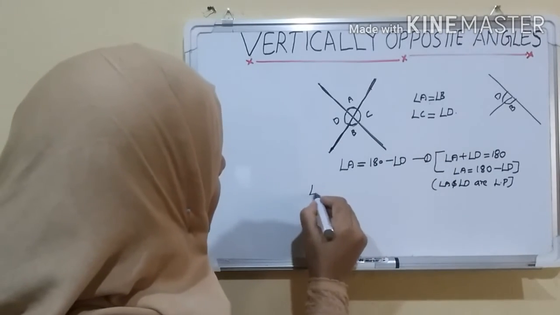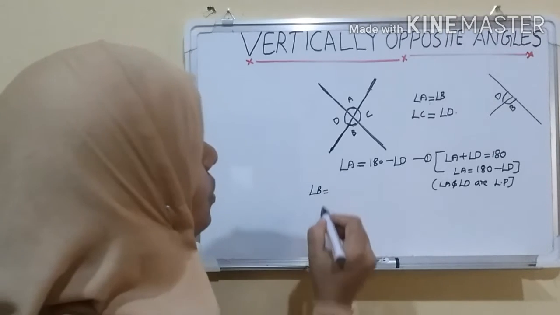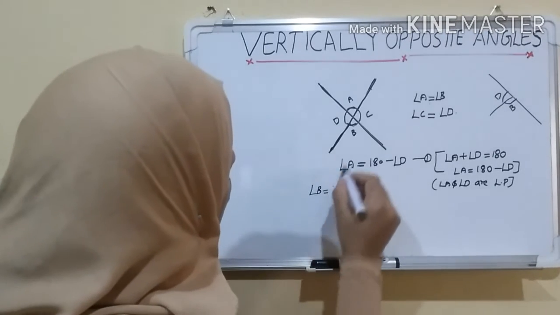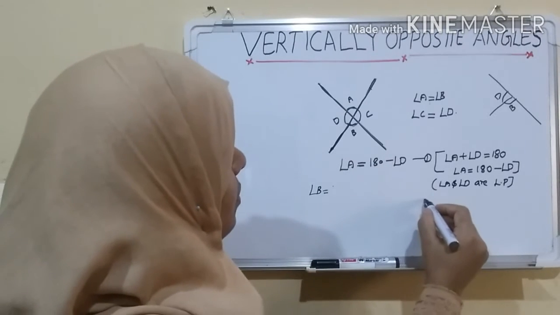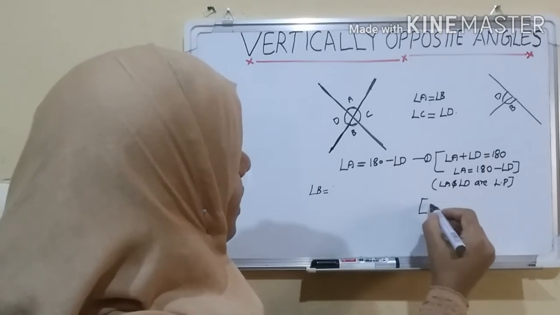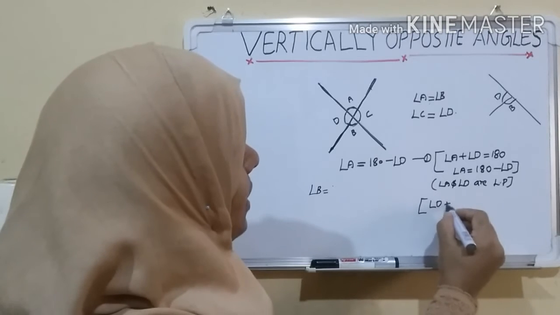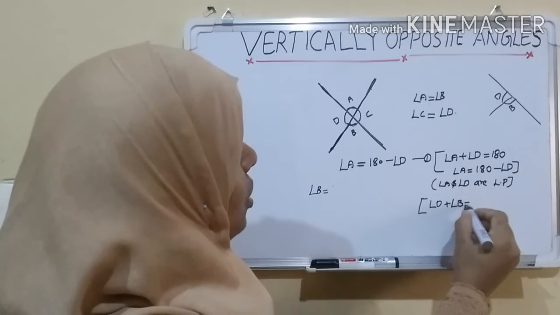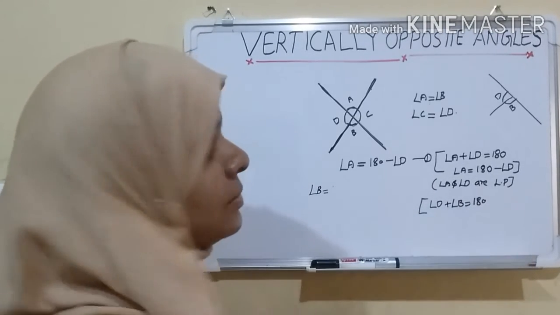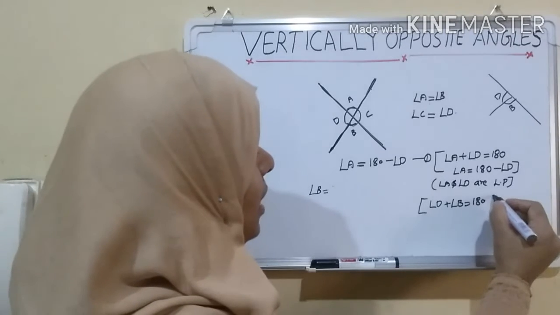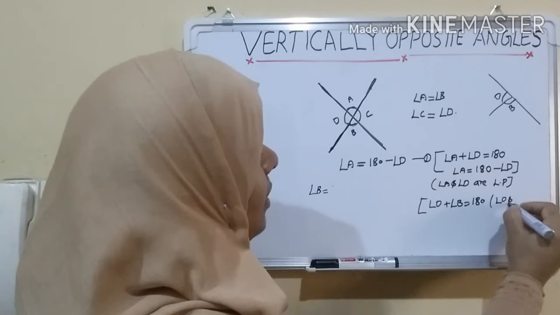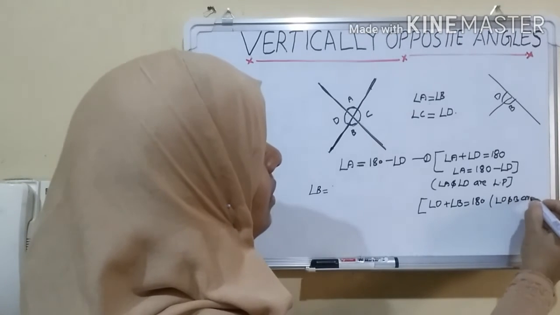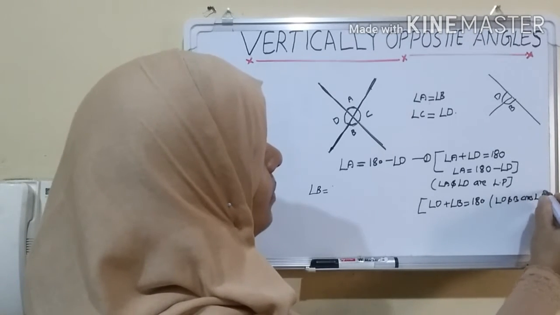So first we have to write in bracket angle D plus angle B equal to 180, because angle D and B are linear pair, right?